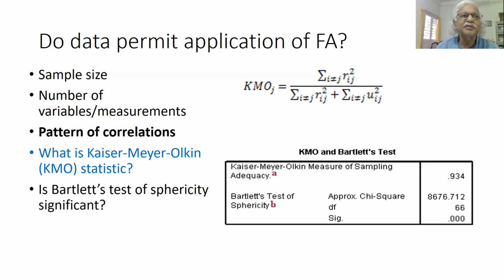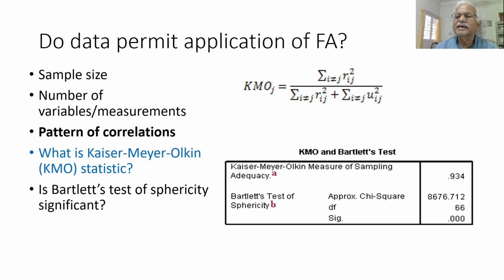Correlations among variables should be widely diffused. For the second thing, we calculate KMO. And this KMO can be calculated for each variable separately and also for the entire set of data. For the data set, you can calculate KMO as given in this formula.